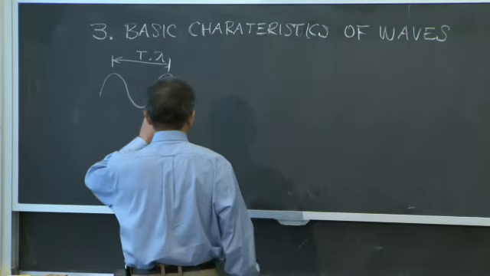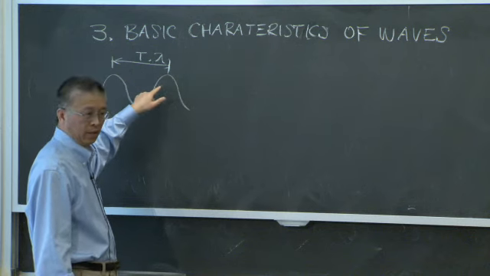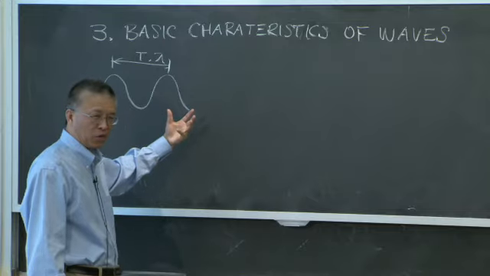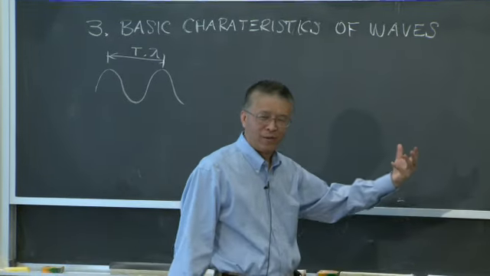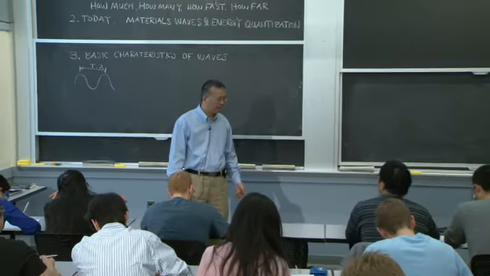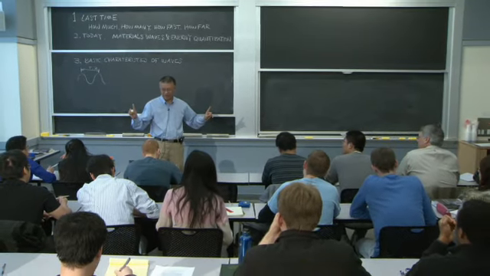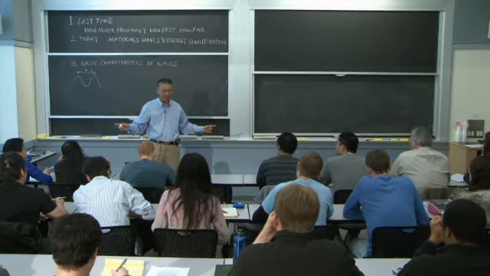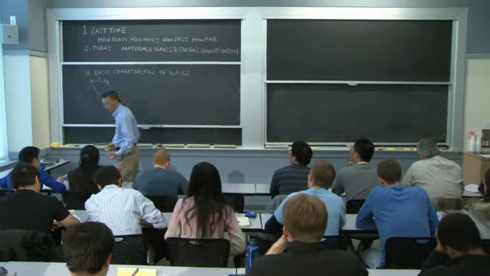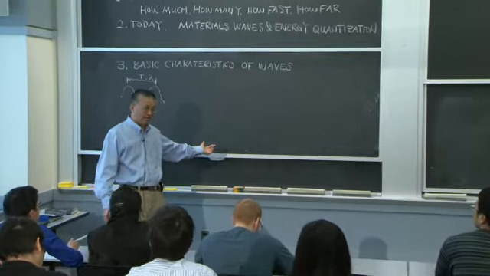But we normally do not like to write the time period. We like to talk about frequency. So can anyone tell me what's the relation between frequency and time period? Mathematics now. It's a Fourier transform. If you have a periodic function and do your Fourier transform, the inverse is 2 pi over that period.